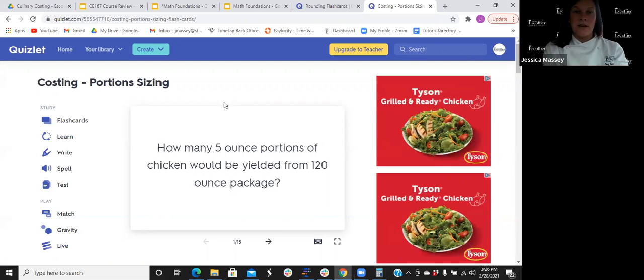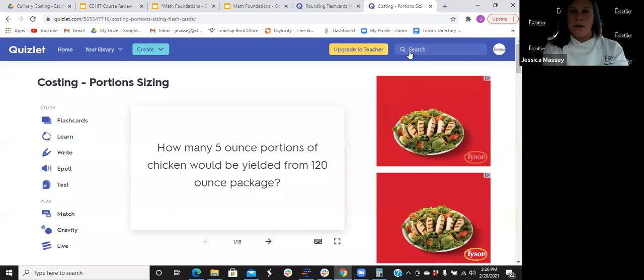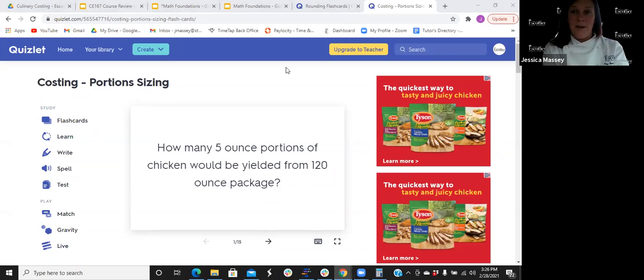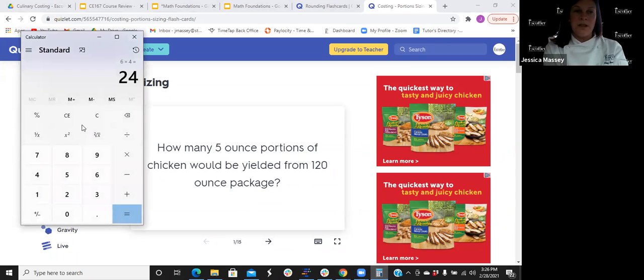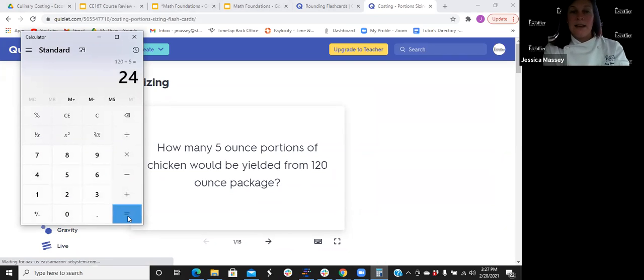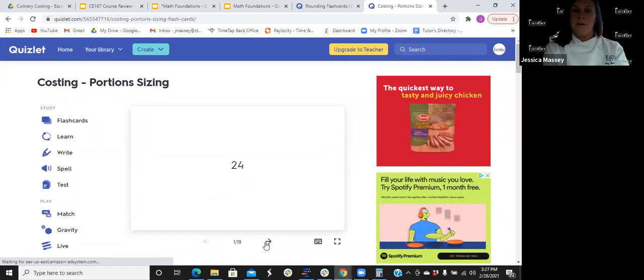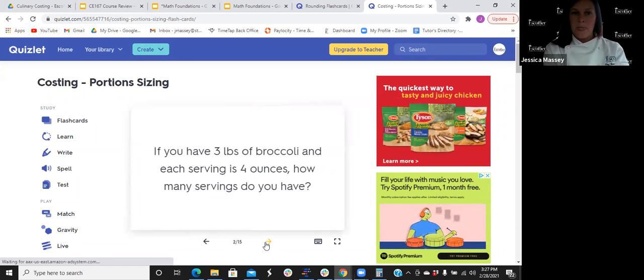I'm not going to tell you the answer yet. I'm hoping some of you are doing the problem yourself. Throw the answer in the chat, or feel free to say it out loud. Essentially, 120 divided by 5 ounces, and that answer would be 24. So we would get 24 servings out of that 120-ounce package of chicken.